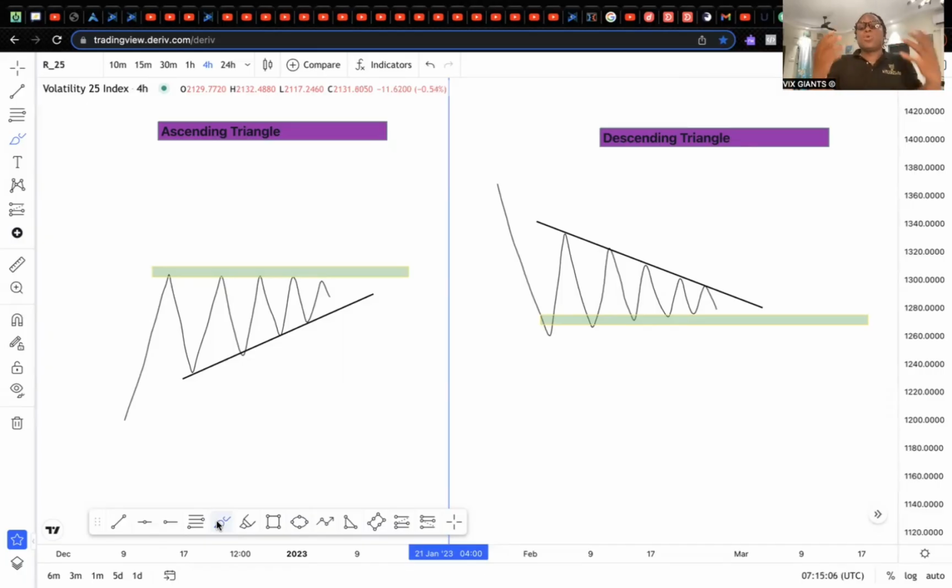But if you really look, it's just the structures. So it's back to market structure, guys. Once you understand market structure, you will not even pay attention to the names and so forth, right? So I don't want you guys to just go into the market looking for these patterns specifically to trade off.